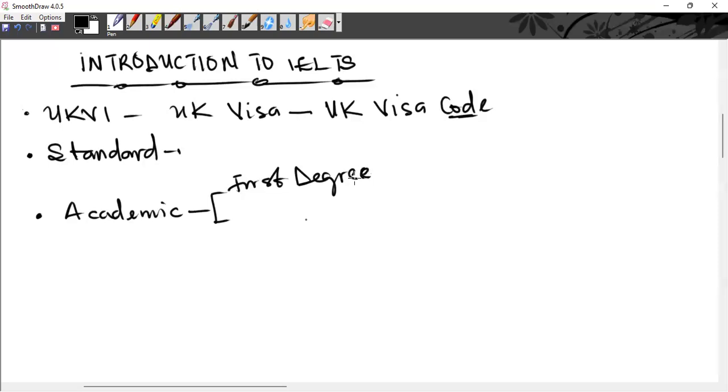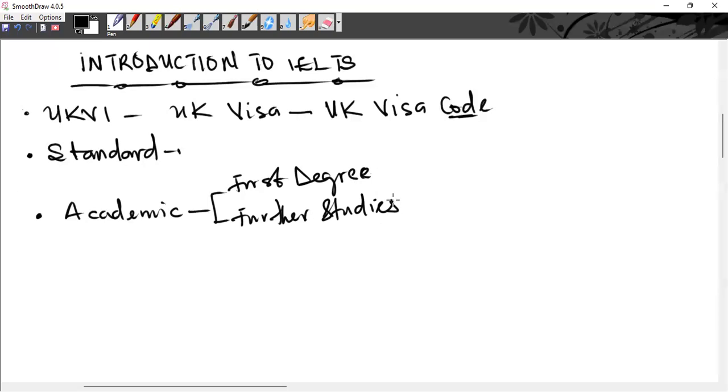In addition to that, if you want to use it for further studies from first degree and above, you also require the academic exams.